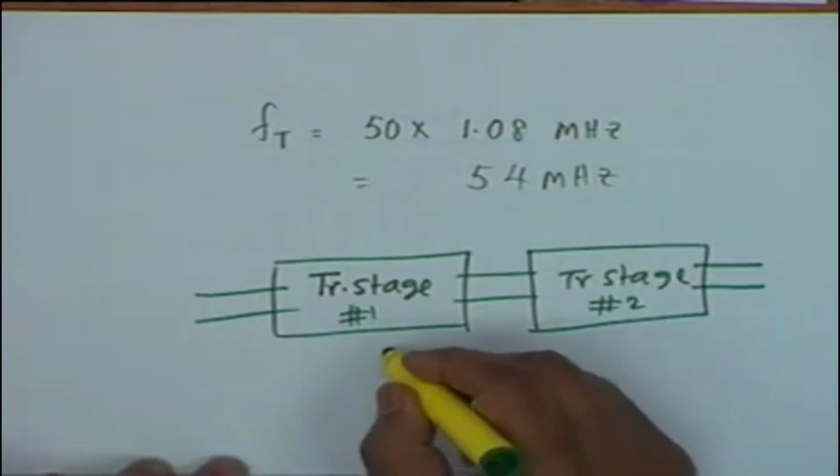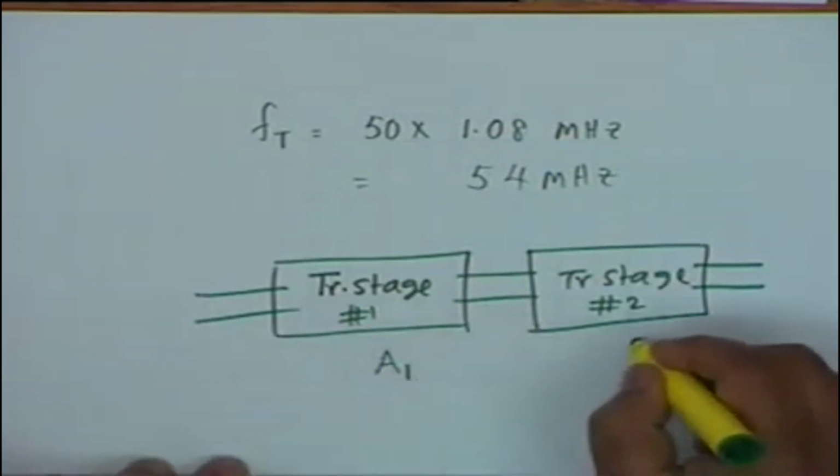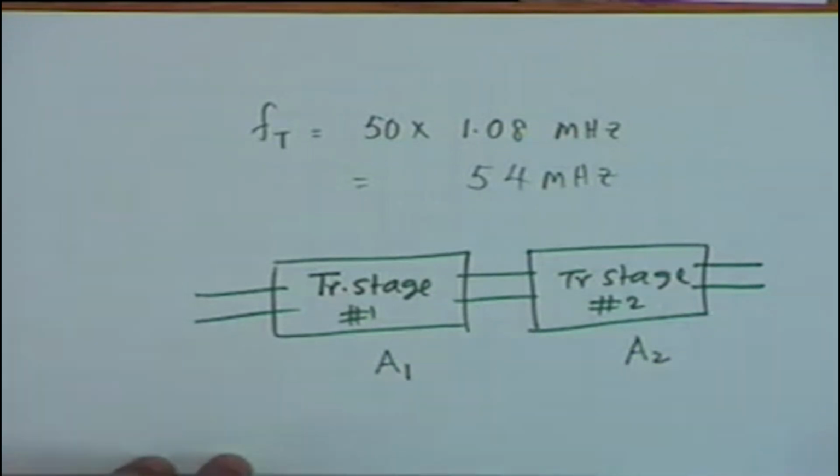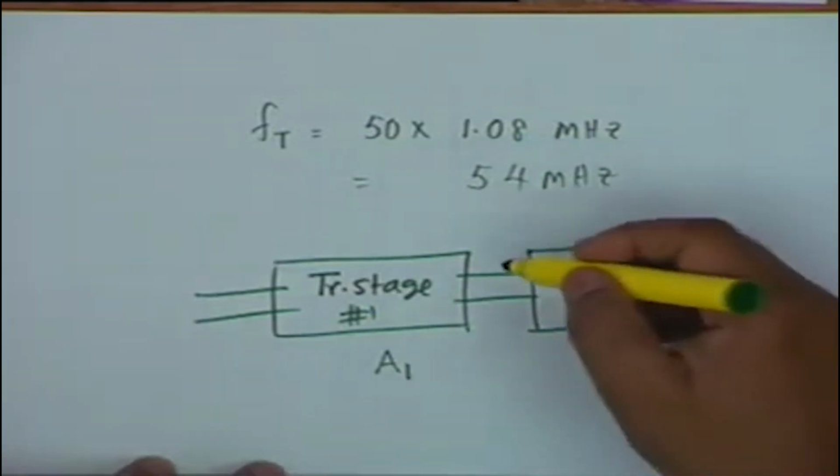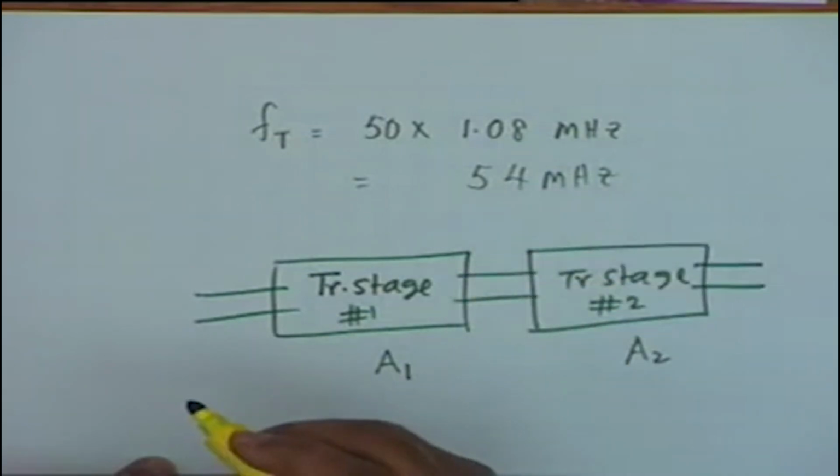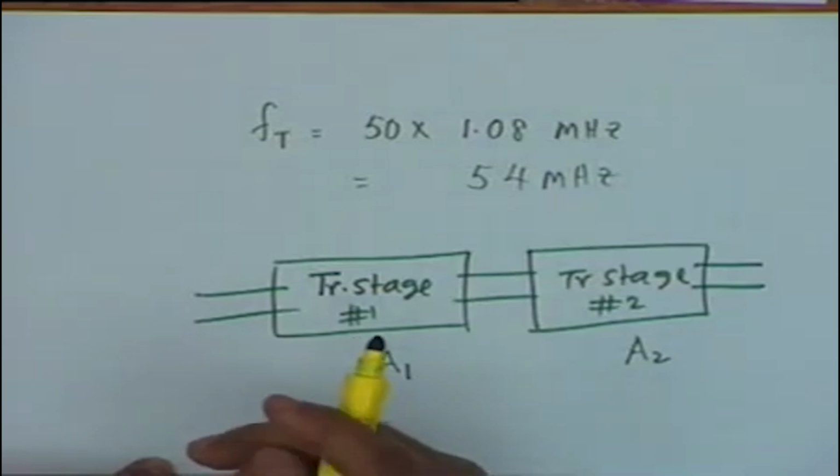Normally, it looks like if A1 is the gain of the first stage and A2 is the gain of the second stage, then the overall gain should be A1 A2, except for the fact that the 2 stages usually in a BJT amplifier are interactive.